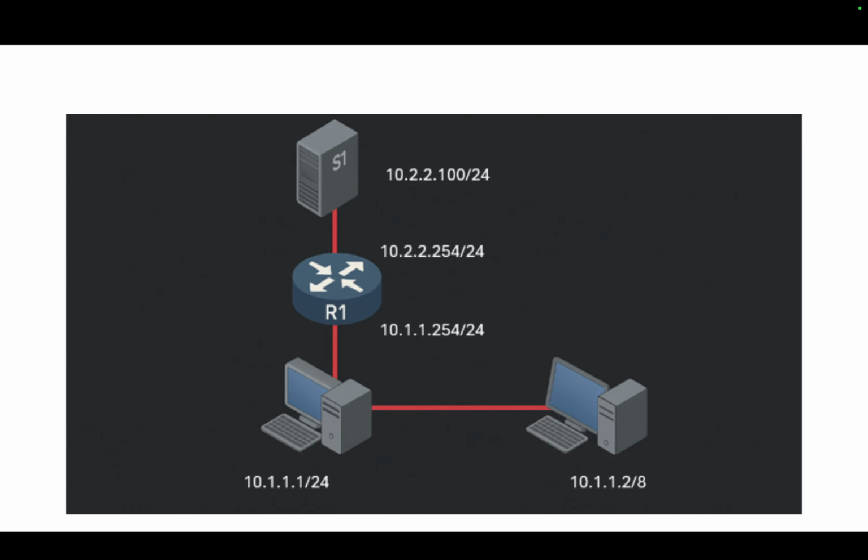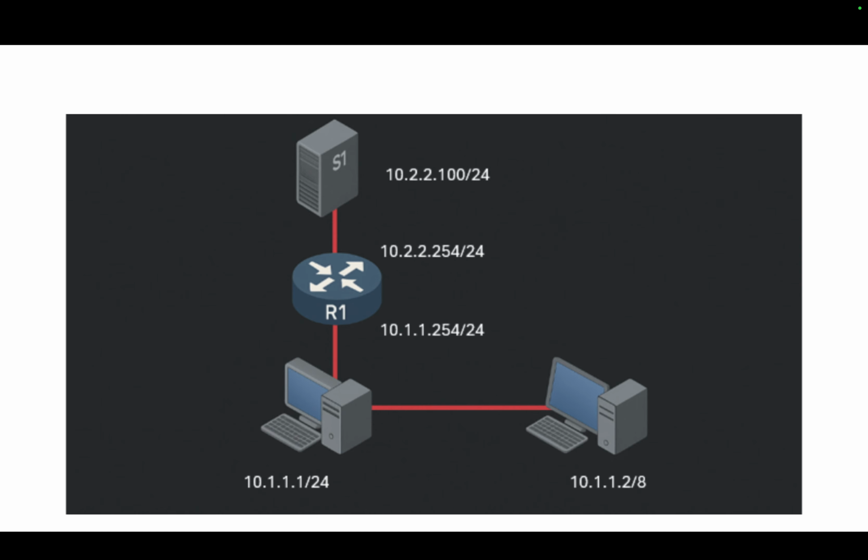Well, that host on the bottom right-hand side, 10.1.1.2/8, has a different subnet mask to the host on the left, and the reason is that it's been configured incorrectly. It's not been configured with the correct subnet mask, and therefore it thinks that the server on the other side is in the same subnet.